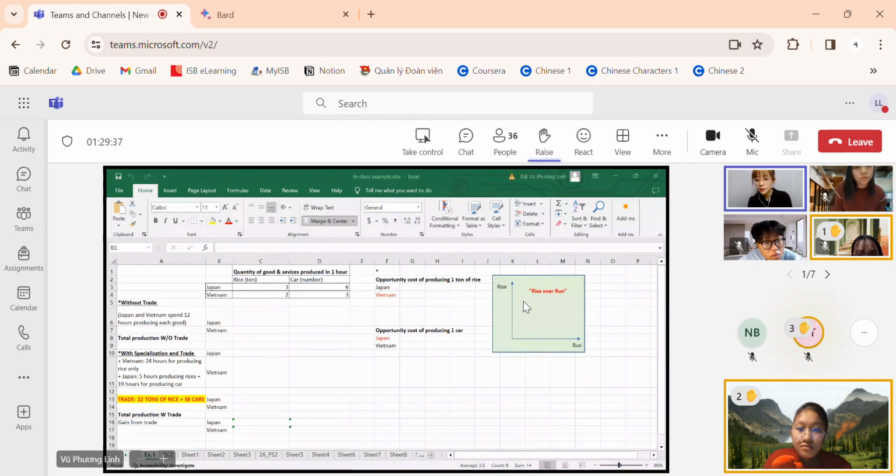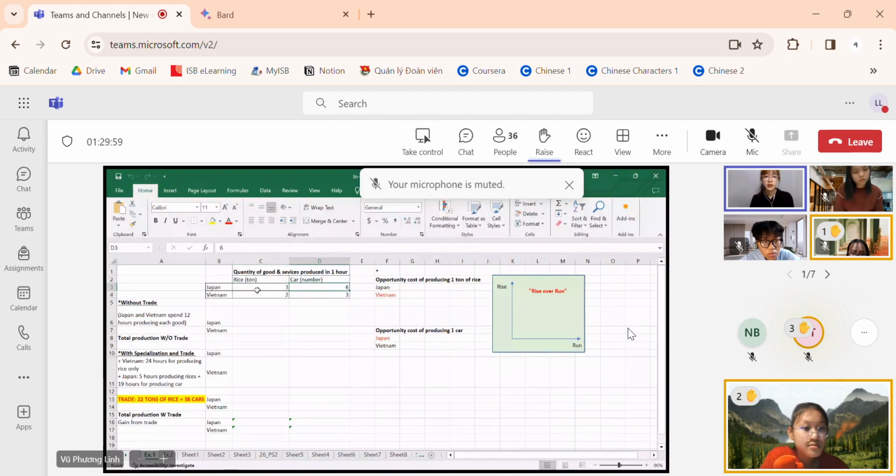Okay, so what about Lâm? Yes, Lâm. All right. So it means that Japan has the absolute advantage in rice and car production, right?